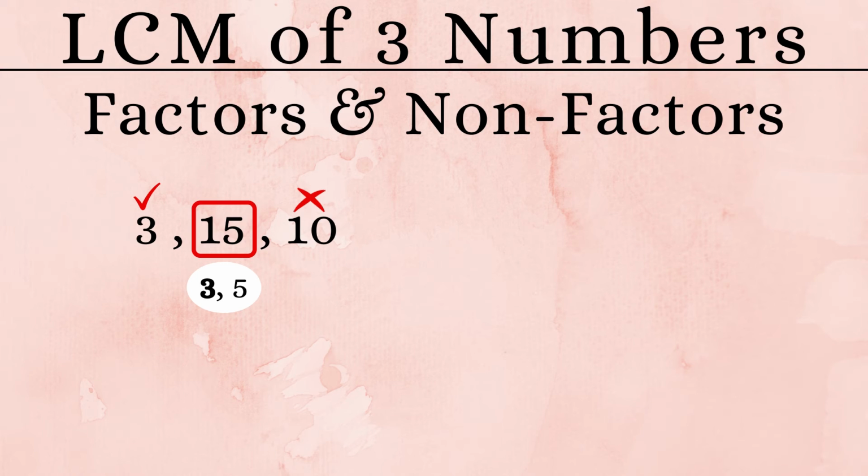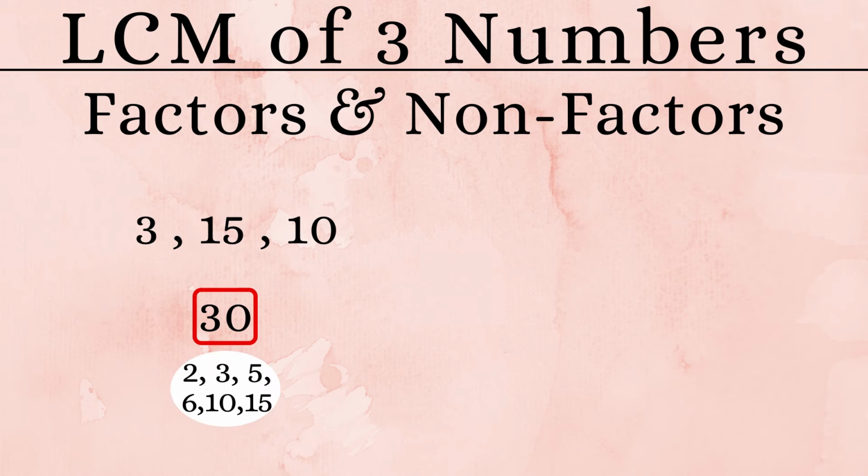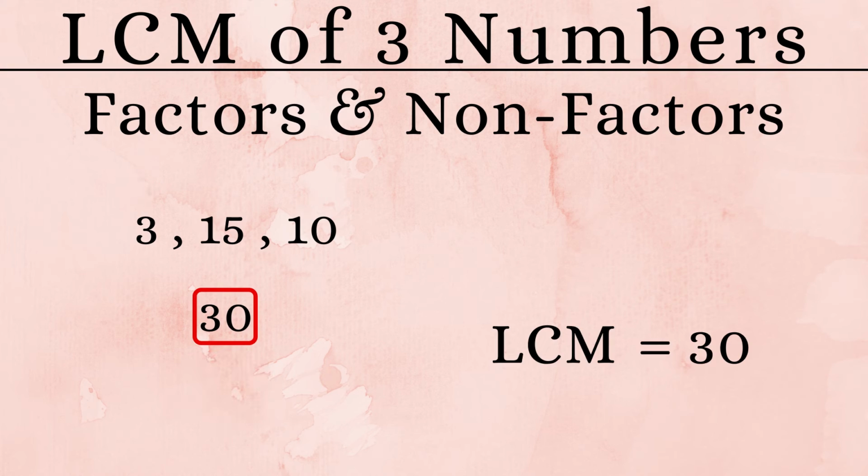So our next step is to multiply 15 by 2 to get 30, and then we find out the factors of this new number. Here the factors also include the other two numbers, 3 and 10. So we conclude that the LCM of 3, 15 and 10 is 30.